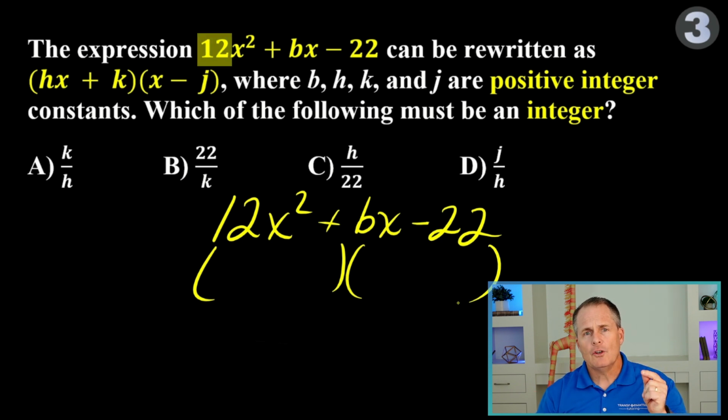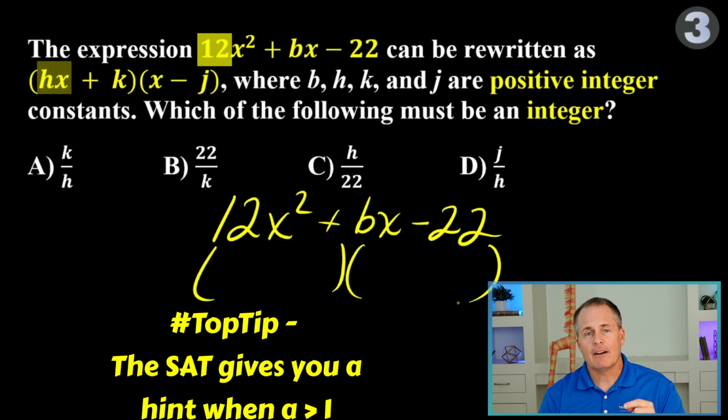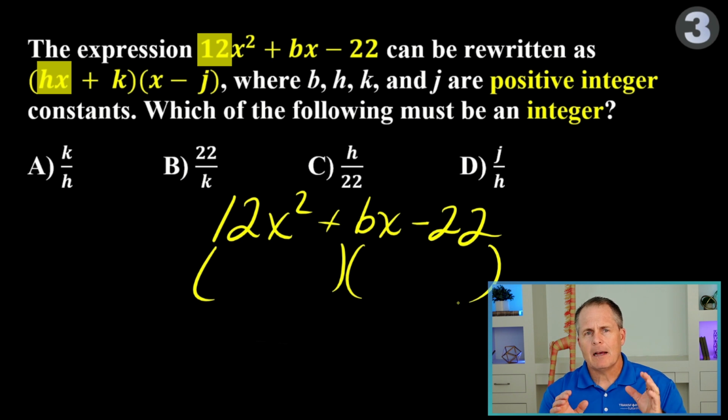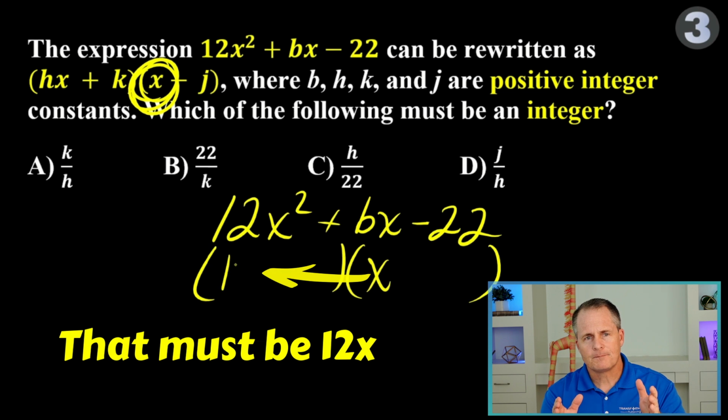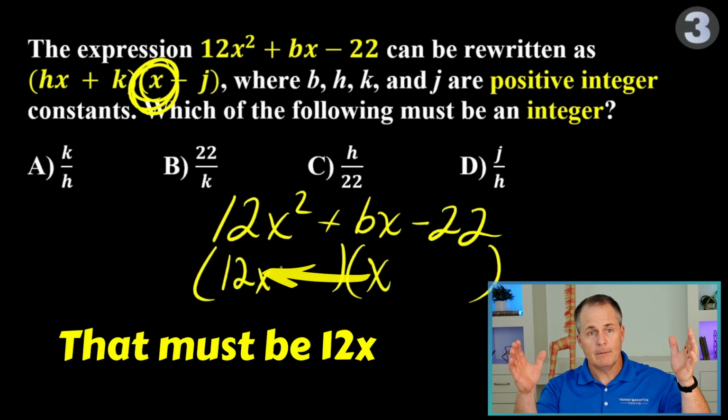The SAT usually gives you a hint on how to factor a problem when this first number is greater than 1. And you can see down below, they're telling you to put the 12 in here. So we're halfway done.